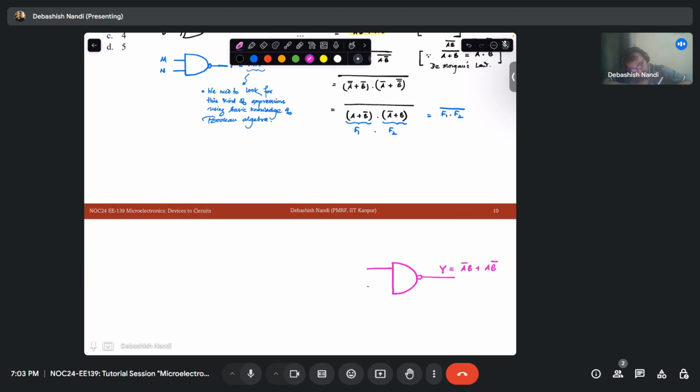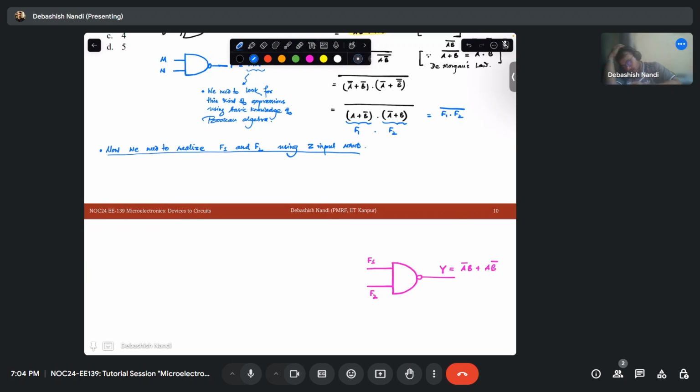Now we have found out this. This is my F1, this is my F2. Now I need to realize F1 and F2 using two input NAND.